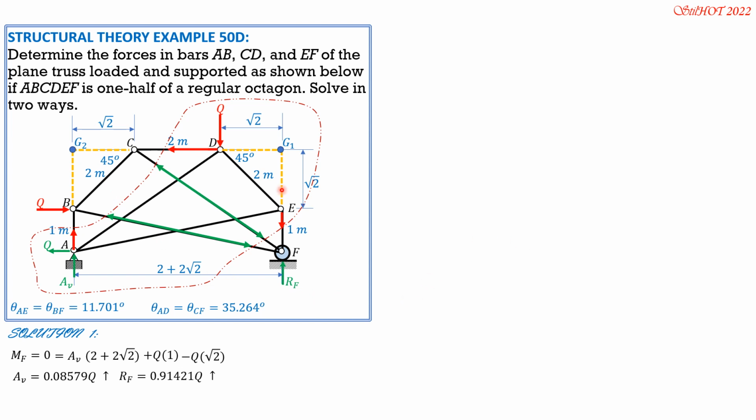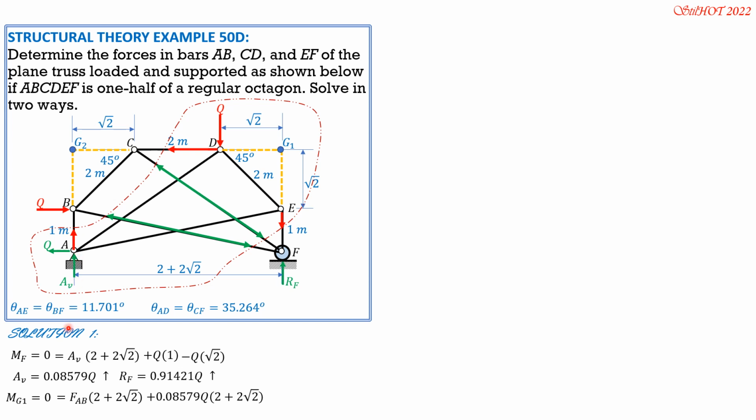So first, summation of moments at G1 equals 0, clockwise positive. So we have FAB times 2 plus 2 square root of 2, the moment arm. Then that's clockwise, so plus Q times quantity 1 plus square root of 2, plus AV also.